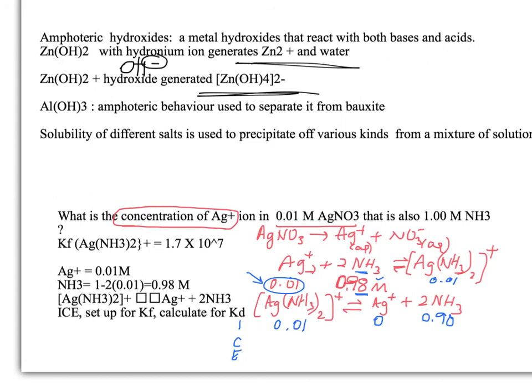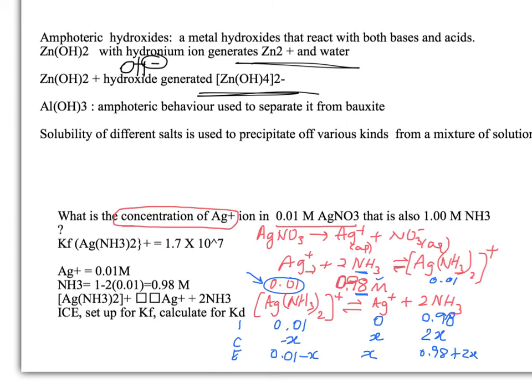Now let's say the change for this dissociation is by x moles. That would give you x moles of silver and 2x of the ammonia. That means at equilibrium you're going to find 0.01 minus x of the complex, x of the silver, and 0.98 plus 2x of the ammonia.